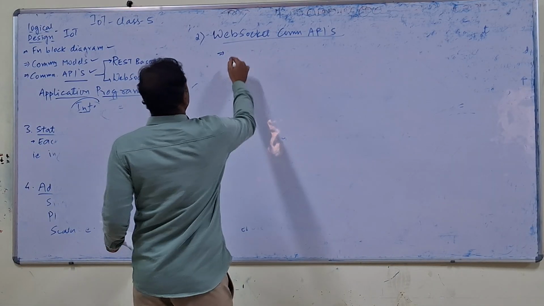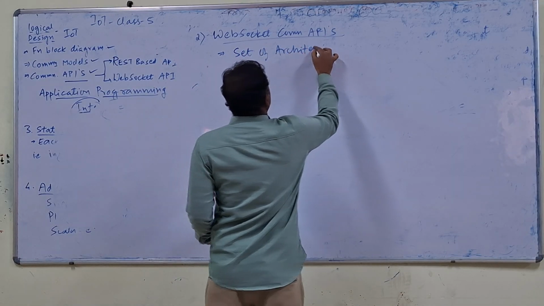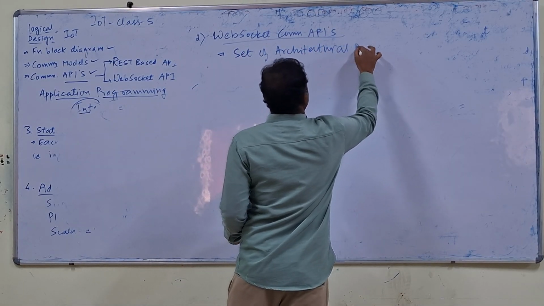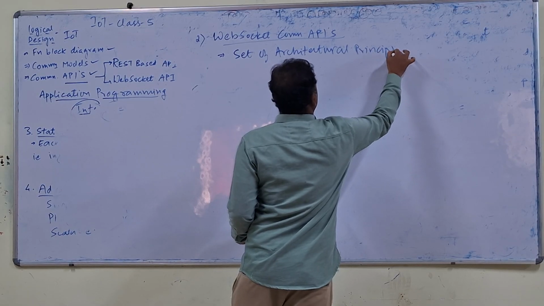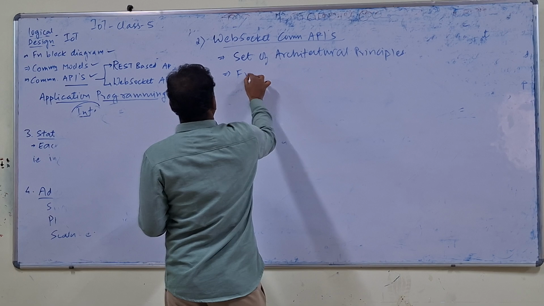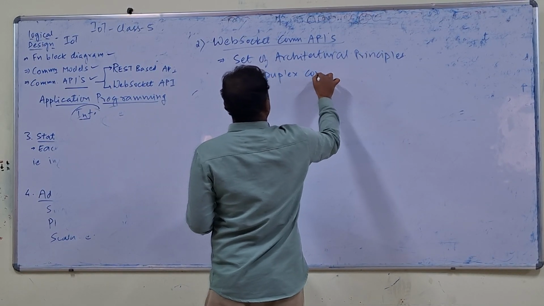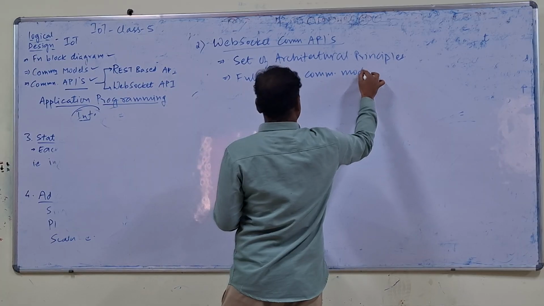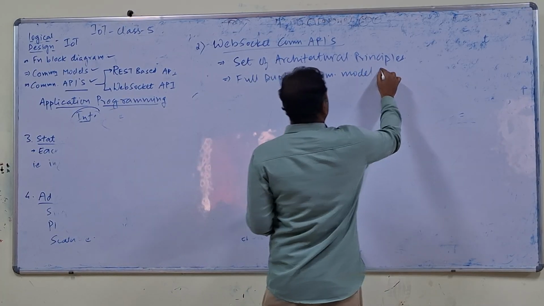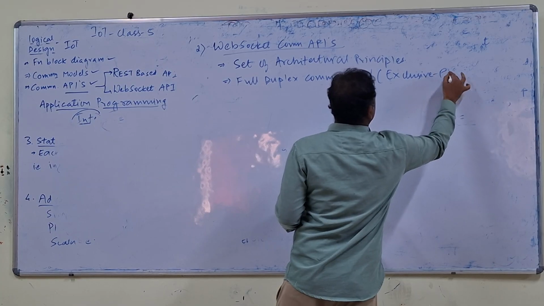These are a set of architectural principles. What does it use? It uses a full duplex communication model. That is exclusive pair.